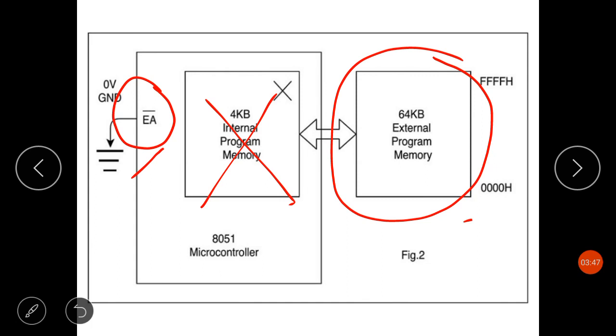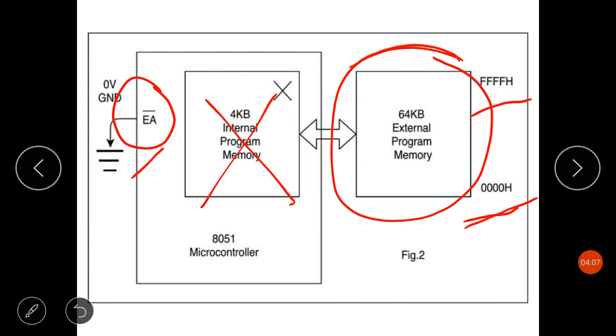In this case the memory address of external ROM will be 0000H to FFFFH. So that is a total external program memory of 64 kilobytes, over the entire range of 0000H to FFFFH.